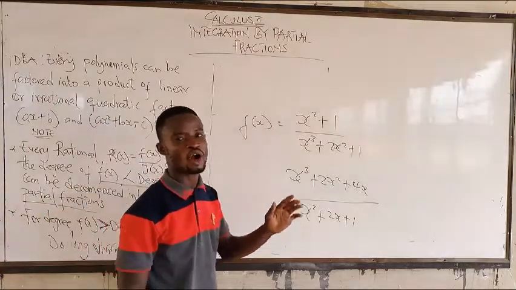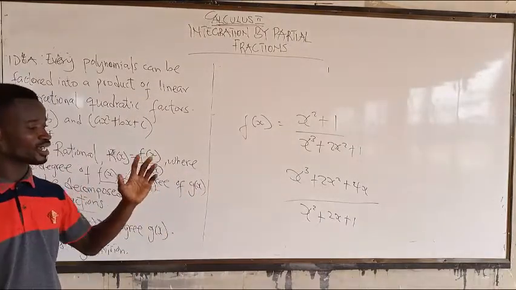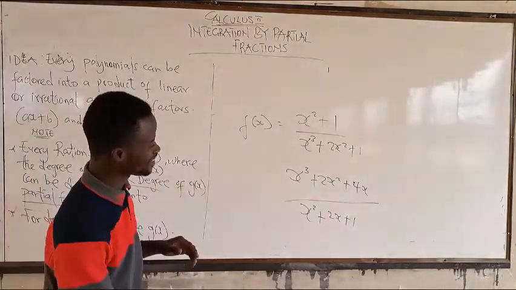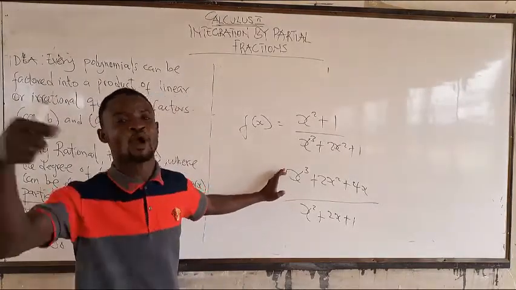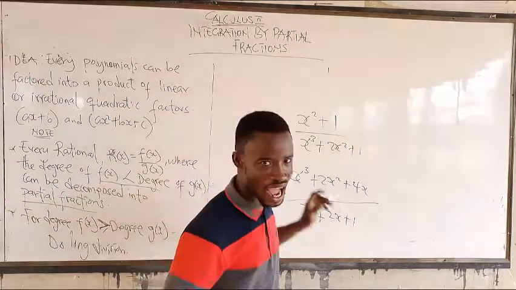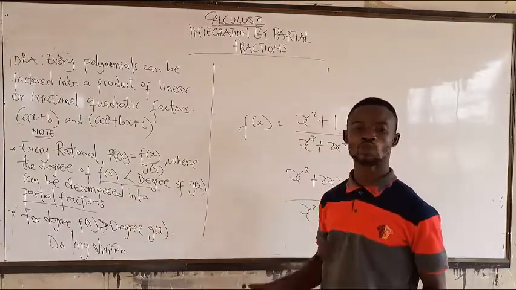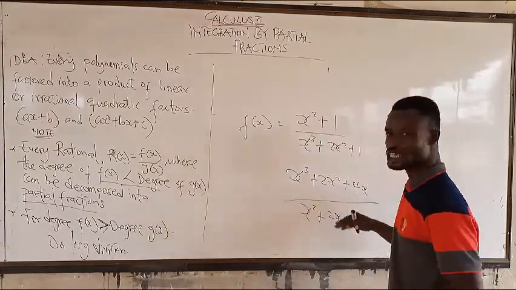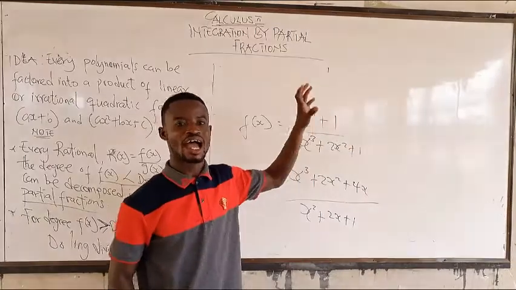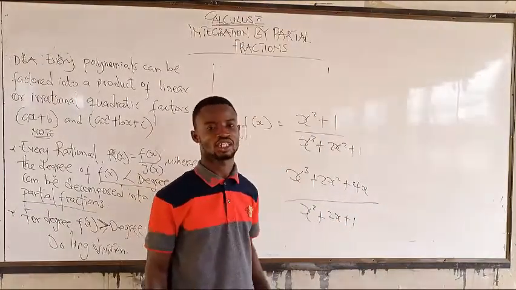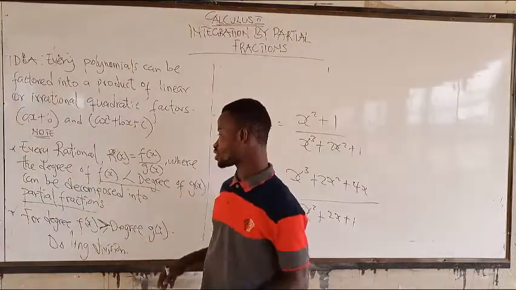And the reason why you are going to do the long division, I hope you can tell me, is simply that the function we have here is improper. And if it's improper, you dare not decompose into partial fractions. Unless you transform this to a proper function, you cannot decompose into partial fractions.